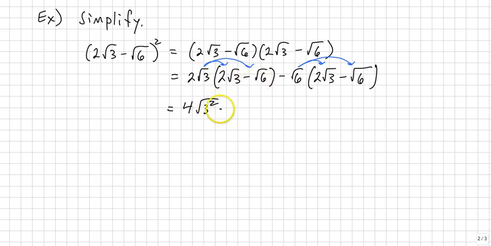And then 2 times negative 1 is negative 2. Square root of 3 times the square root of 6 is the square root of 18. And then negative square root of 6 times 2 square root of 3, I'm going to get negative 2 square root 18. Negative times the negative is positive, and then the square root of 6 times the square root of 6 is the square root of 6 squared.